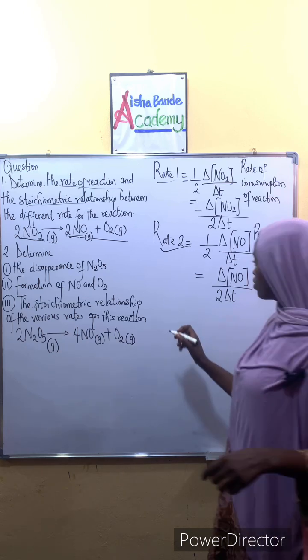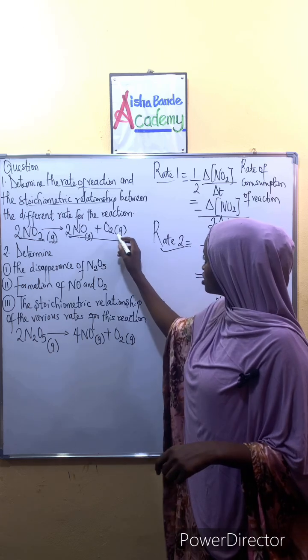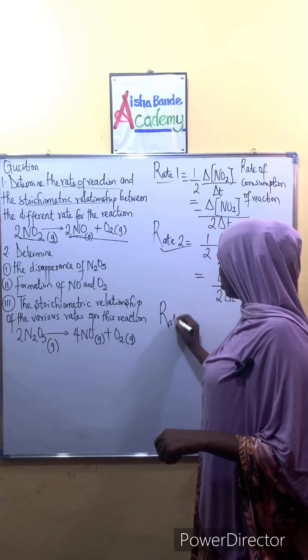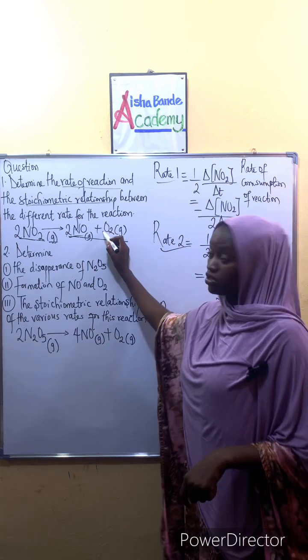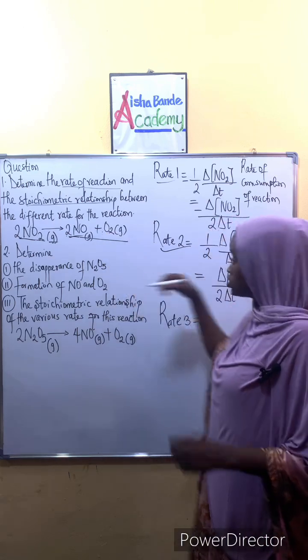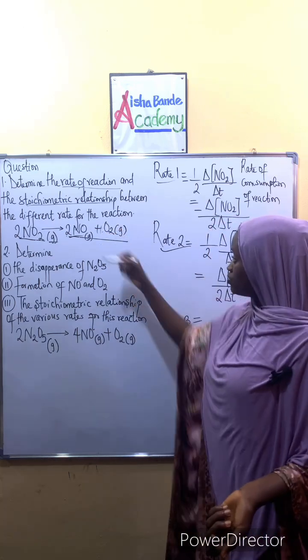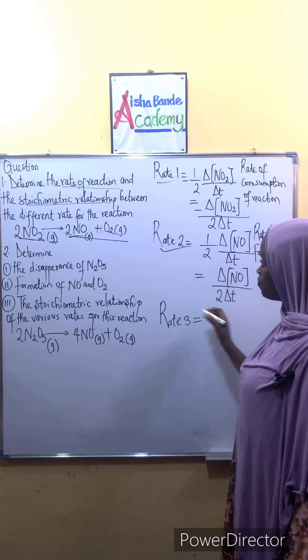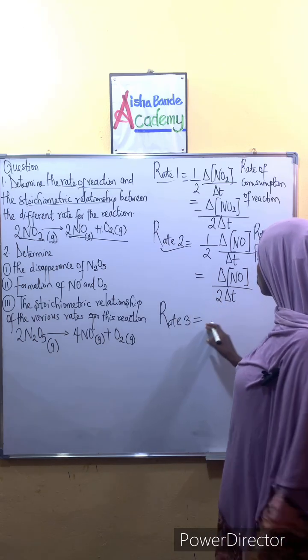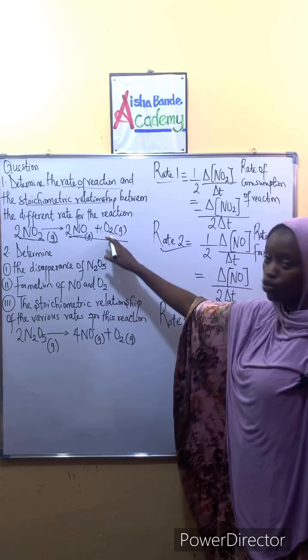So now calculating the last one, which is the second product we have here. Here we have rate 3. Here we're not having a coefficient, right? This coefficient is just like saying 1. So rate 3, that is the rate of reaction for the second product, is going to be the rate of formation of O2.